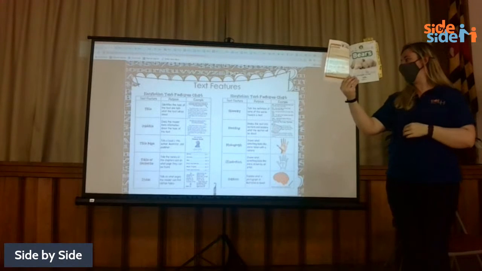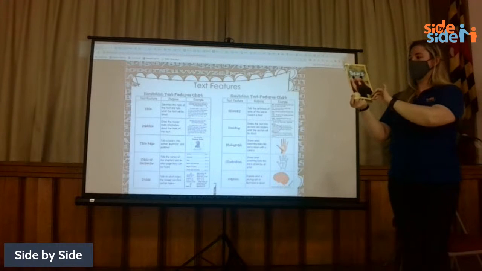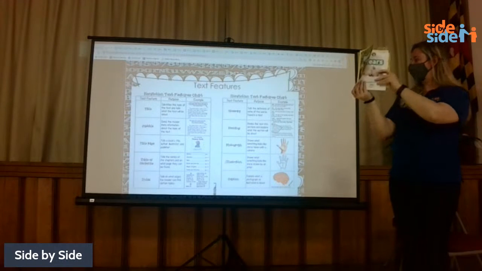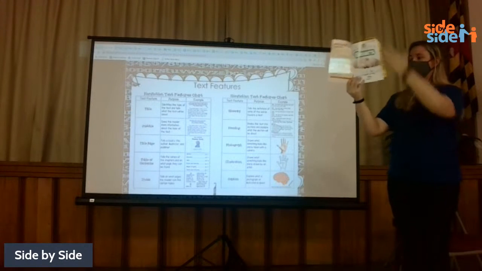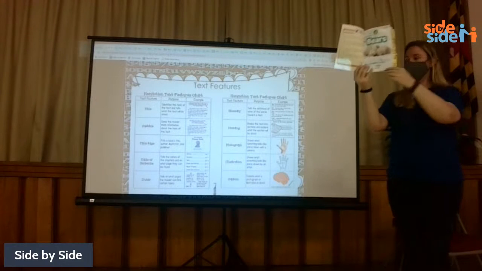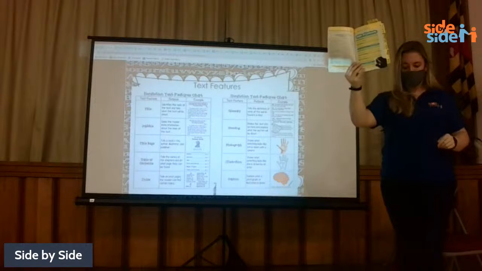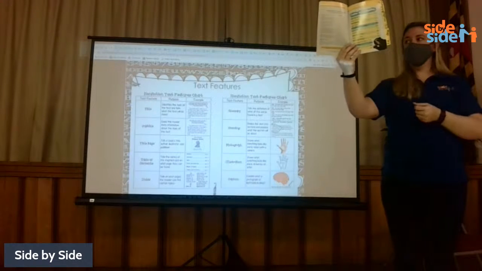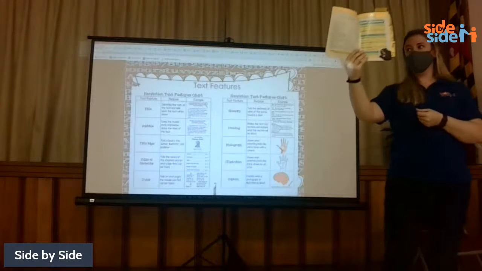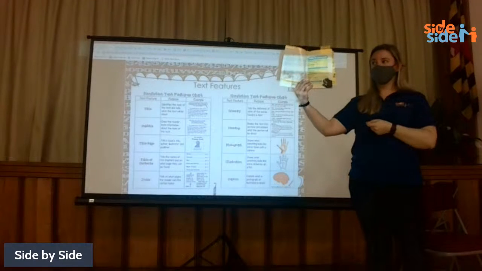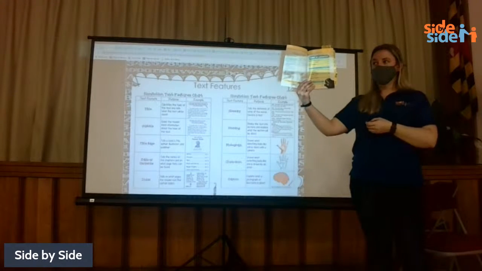So you'll see the title, the subtitle. There's the title page. A table of contents, that's really different from the fiction stories, because this is going to tell you what's on each page. You don't really get that if you're reading a chapter book or a story.